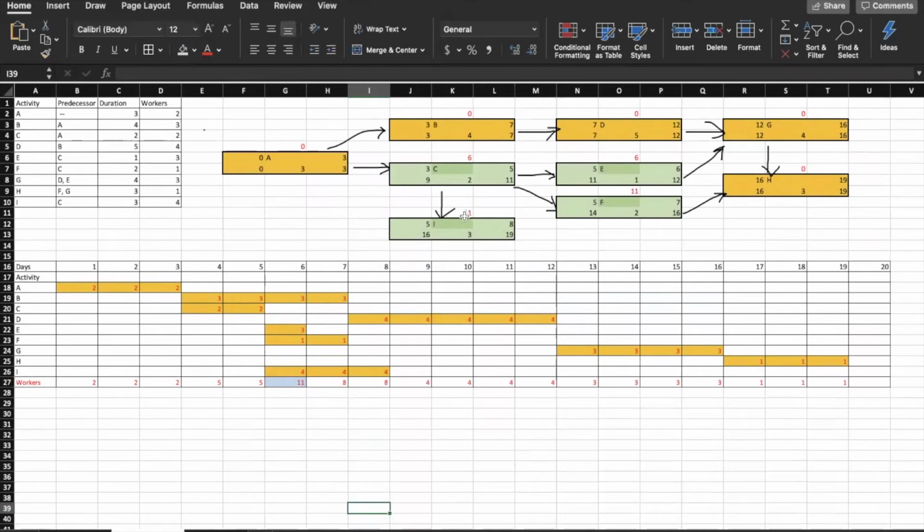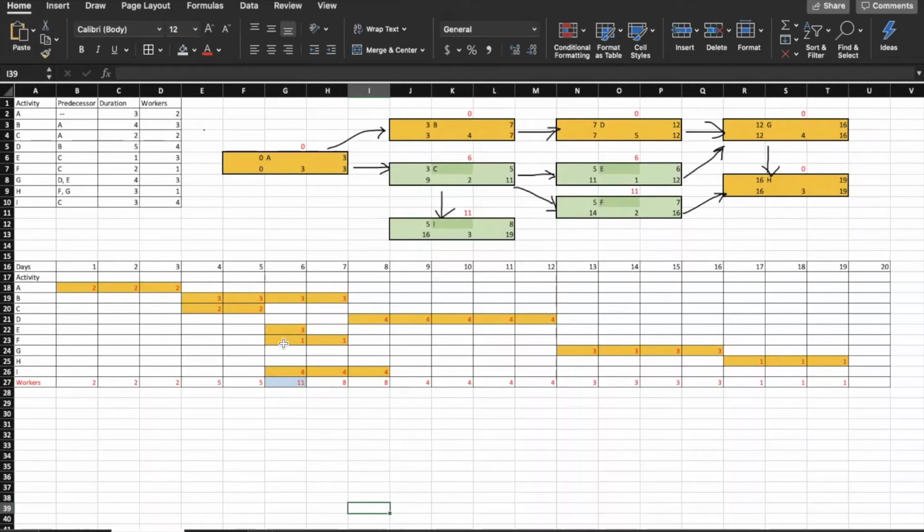So let's see which one of the activities on day 6 we can move around. So we have B, E, F, and I. So out of those, we see that we can move F, E, C, and I.